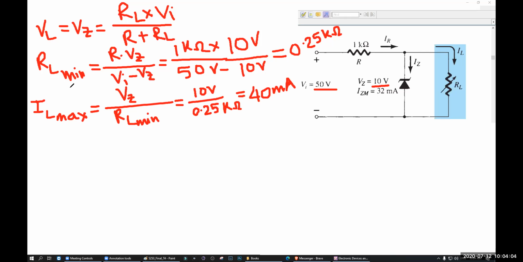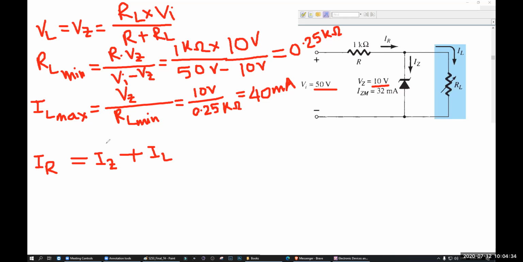Now we have to find out the minimum current, right? So before finding the minimum current, let's write this formula. IR is equal to IZ plus IL. Remember, your IR is fixed in this case.